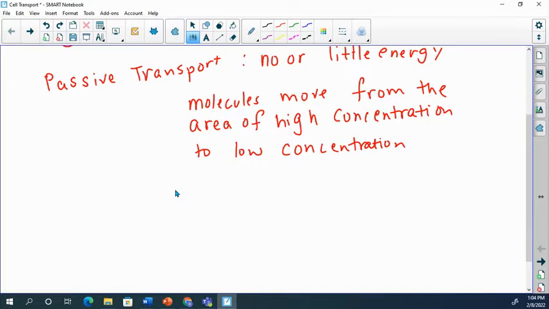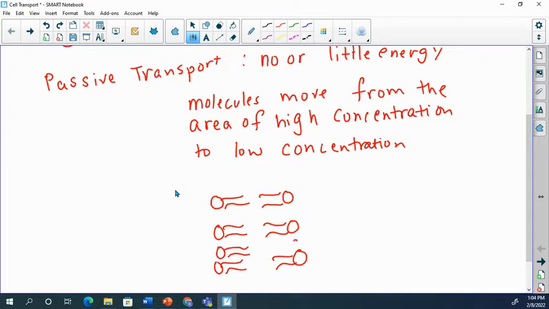So we have the cell membrane right here. This is the structure of the cell membrane. You learned about it in your last lesson. It is a lipid bilayer, and material passes through the cell membrane, and it is selectively permeable. That's another thing you learned in your last lesson.